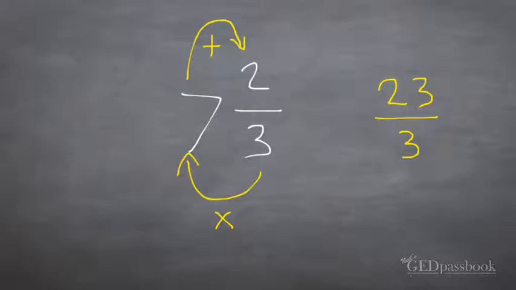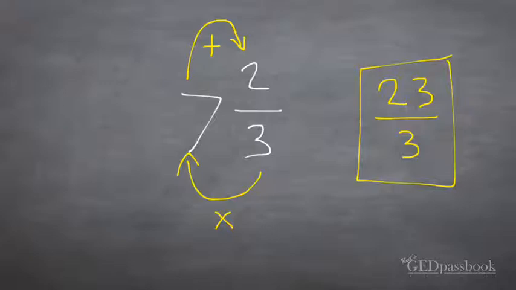So think of it like that always. Denominator multiplied by the whole number. Whatever you get as your answer, you add the top number. And just like that, you've converted your mixed fraction back into an improper fraction. When is that going to be useful? You'll see. Is it 23 or 21?